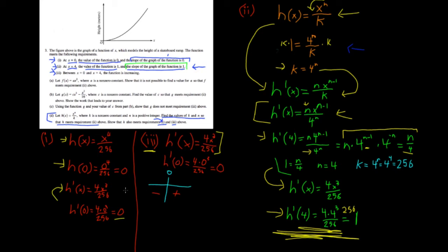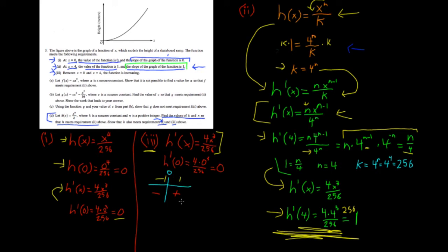Then we perform the critical number test, or the first derivative test, sorry. If we were to plug in a number that's less than 0, let's say -1, negative 4 times negative 1 cubed is negative 4 over 256, which is a negative number. And if we plugged in 1, 4 times 1 cubed is 1, so 4 over 256 is a positive number.